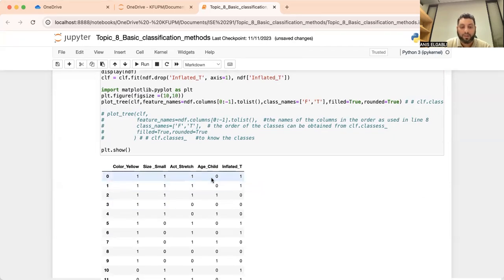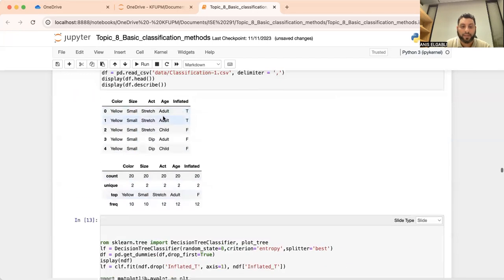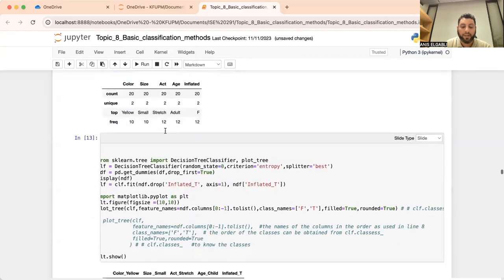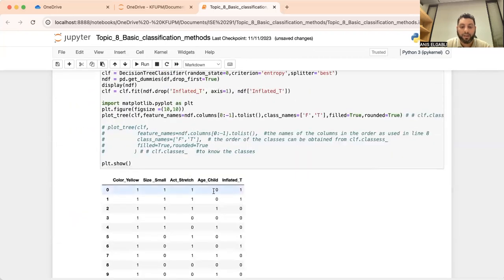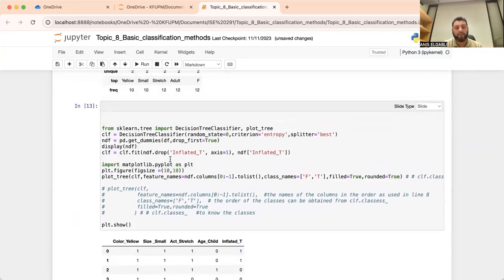This is equal to 0 when the age is adult, because age is either adult or child. When it's equal to 0, that means for this sample the age is adult, it's not child. It's equal to 1 when the age is child. Okay, hopefully it's clear to everyone. We have been working with one hot encoding, so we know it very well by now.